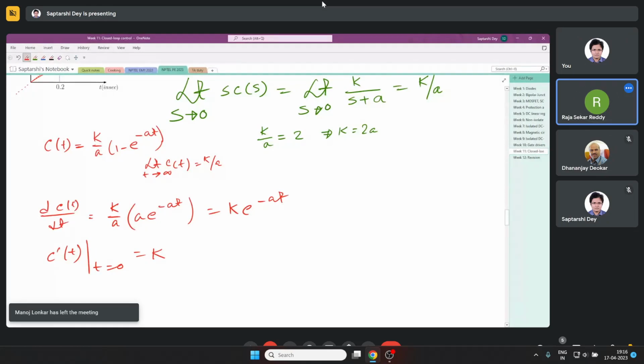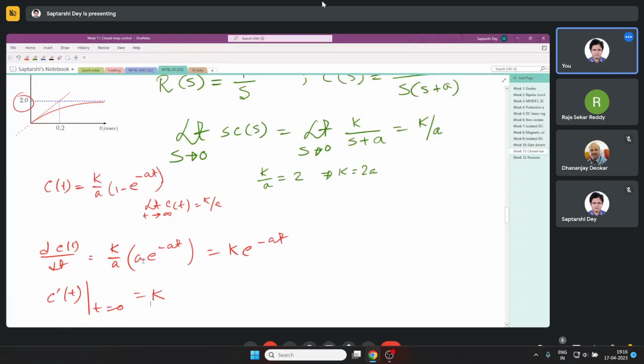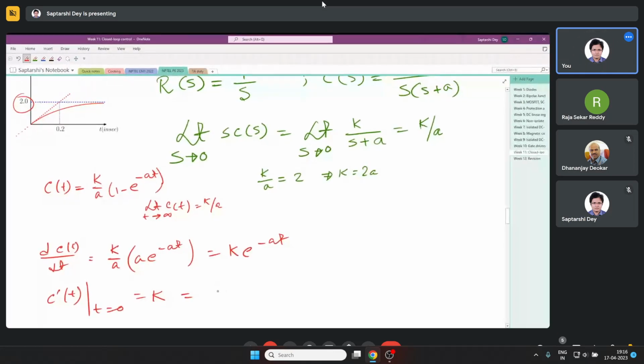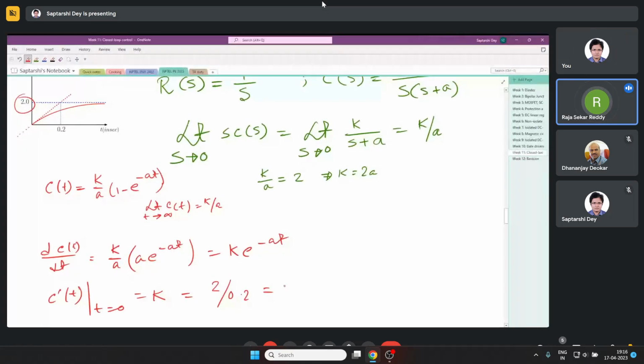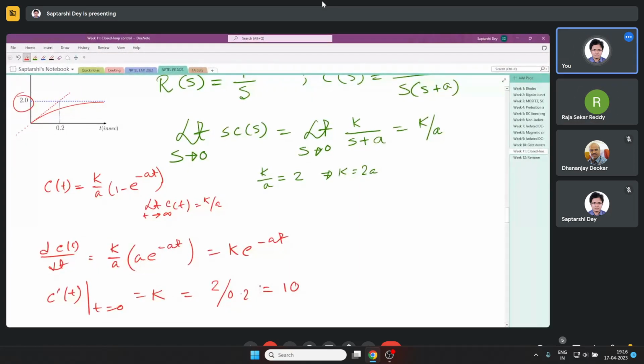So they have given the initial slope. What is the initial slope? They are saying 2 by 0.2, which comes out to be 10.